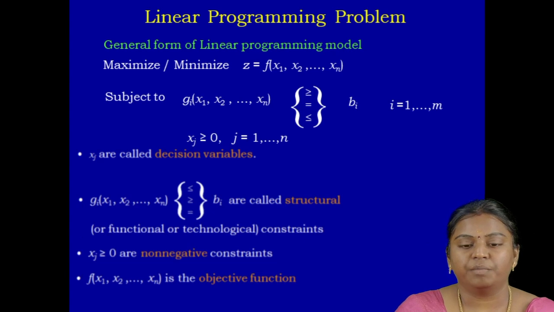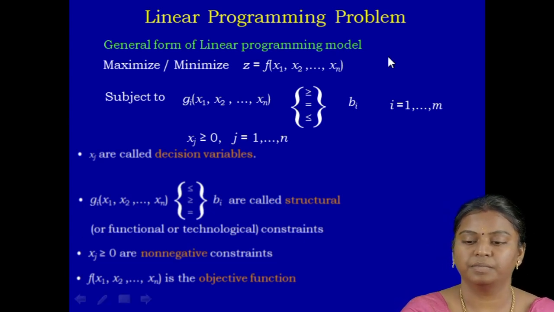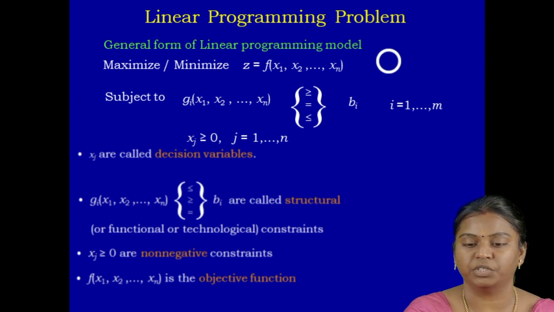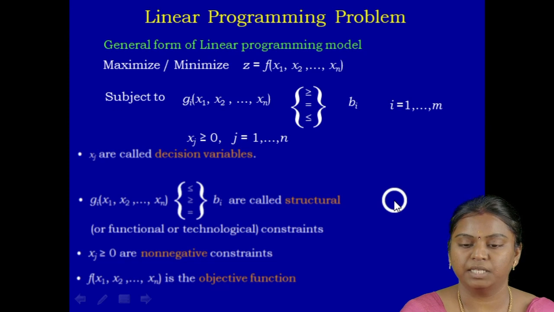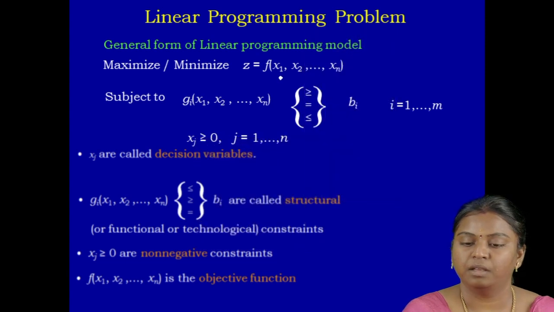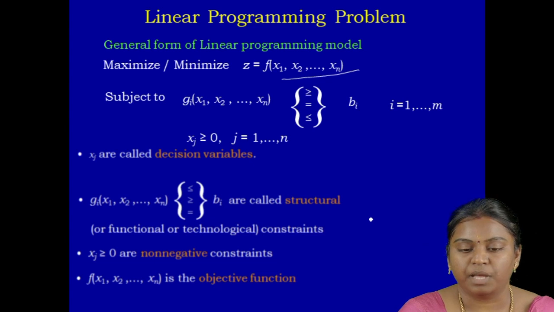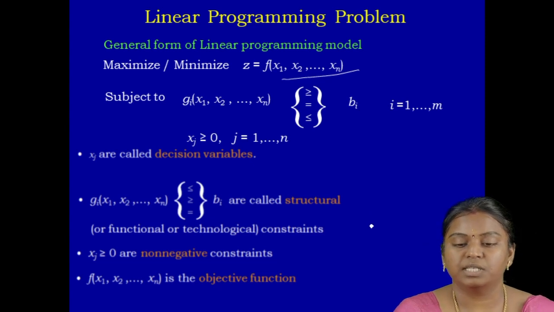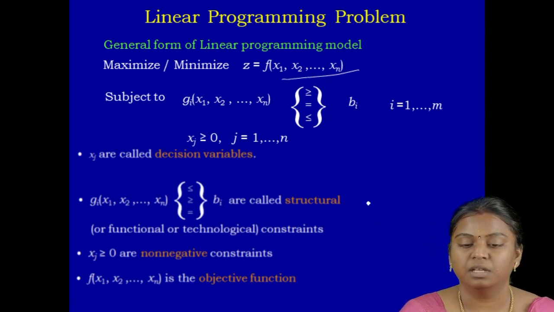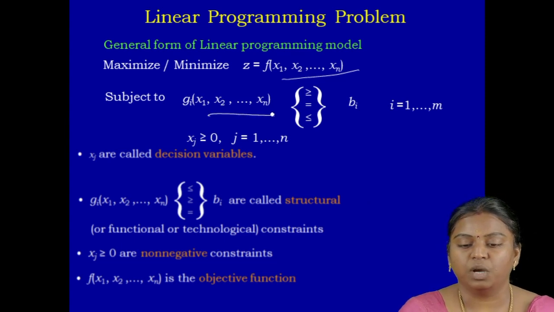The linear programming problem is of this general pattern, that is the maximize or minimize shall be our objective function, that is z equal to f of x1 comma x2 up to xn, and this objective function is subject to certain constraints called g of x1 comma x2 up to xn.